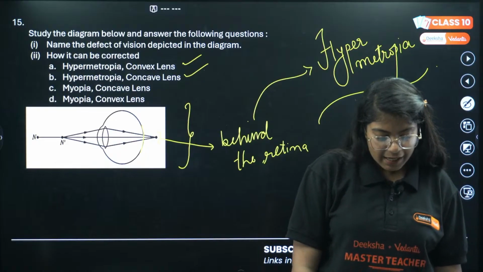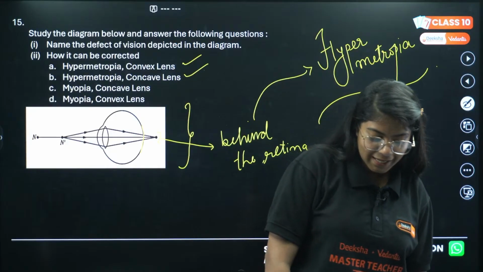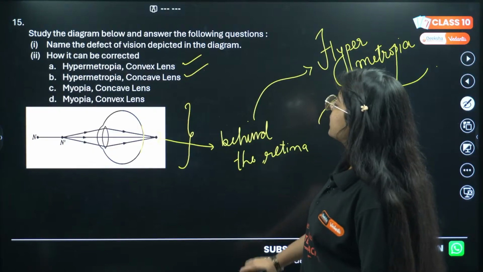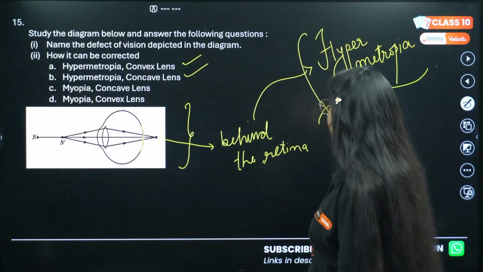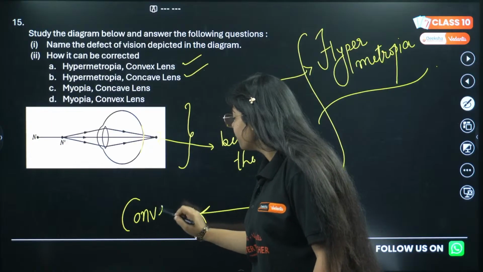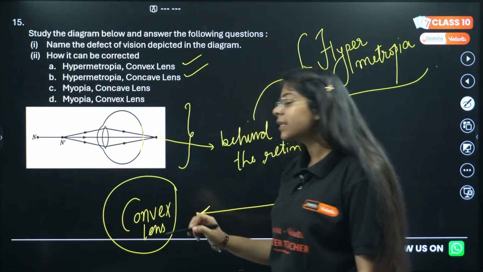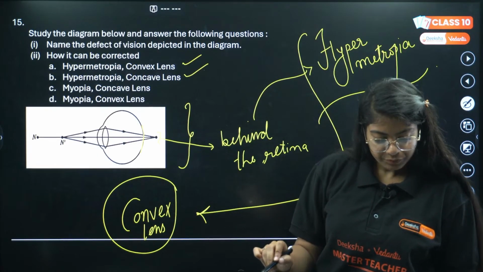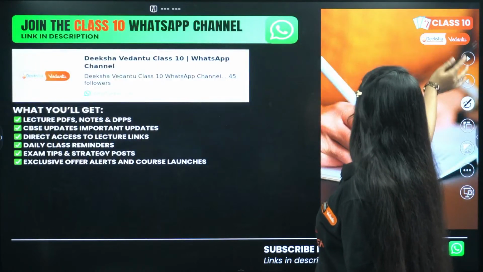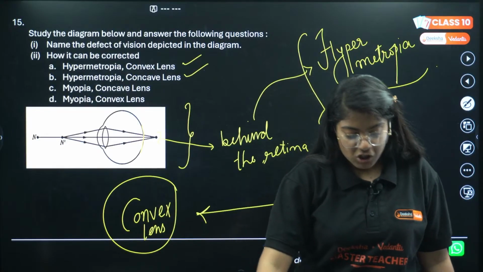Aman is saying A, Poonam is saying A. Yes, Aman, I saw your A. So definitely A is the correct answer, because for hypermetropia we use a convex lens to correct the defect. Correct? Understood? Yes.